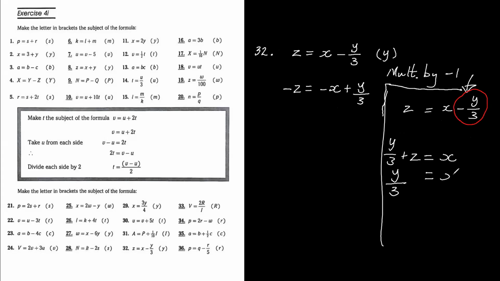So it will now be X minus Z. All right, so I have Y over 3 equals X minus Z. Anybody lost?